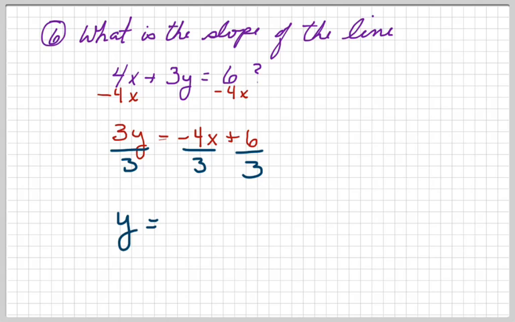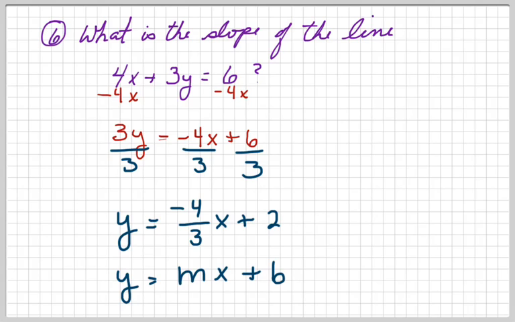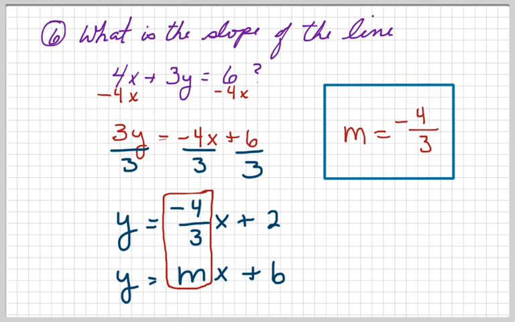And you've put it into slope-intercept form. Okay, that's y equals mx plus b. And then by inspection, we can see the m value must be negative 4/3. By inspection means just by looking at it, we can see what m is.